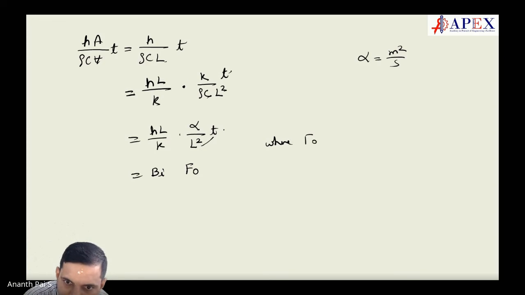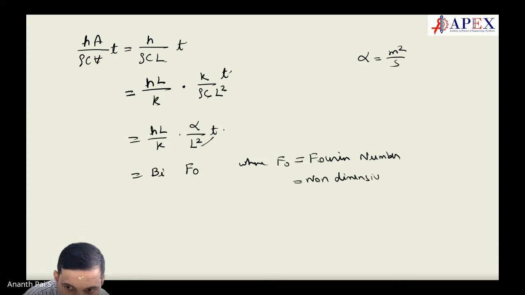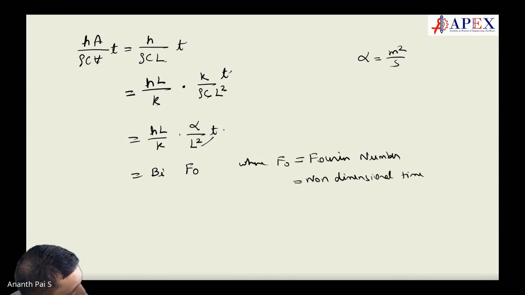where Fo is the Fourier number, which is a non-dimensional time, given as alpha t divided by L square.